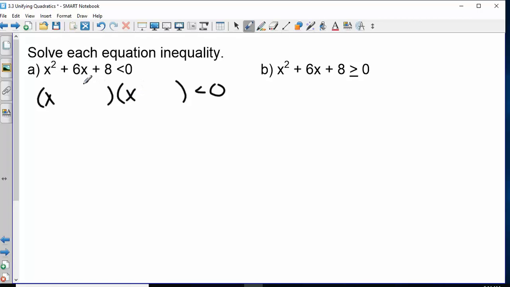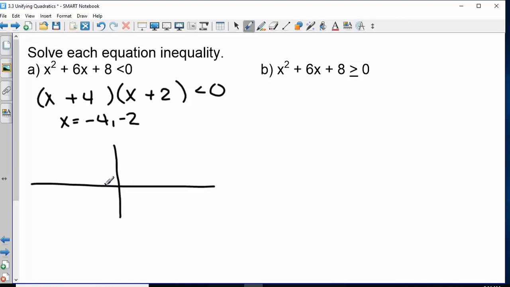Multiply to 8, add to 6 would be 4 and 2. So the things that make it equal 0 are negative 2 and negative 4. Now at this point you could always use a graphing calculator to help you, but we know this is just an upward facing parabola. So something like this.